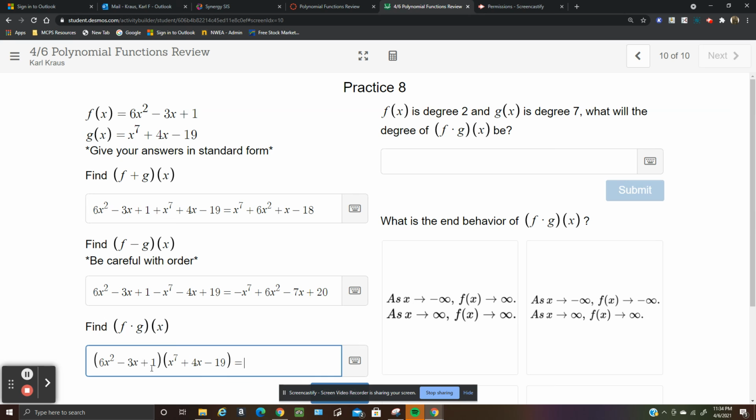So you'd have 6x to the ninth, plus 24x cubed, minus 6 times 19, which would be 60 and 54, this is 114.